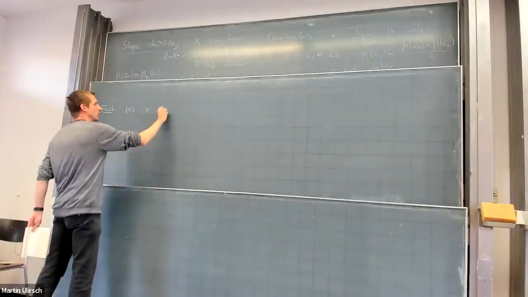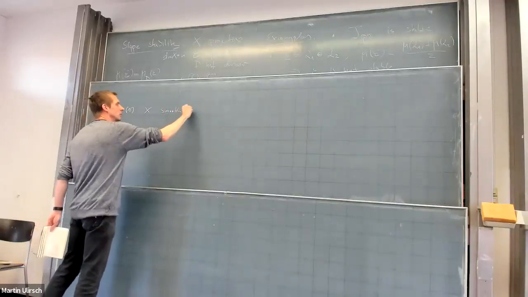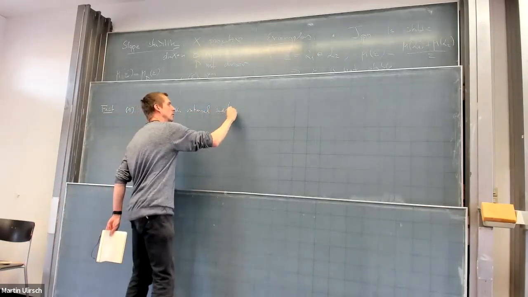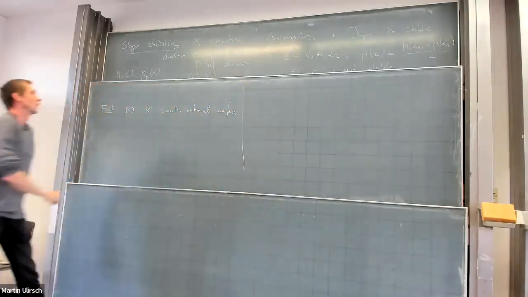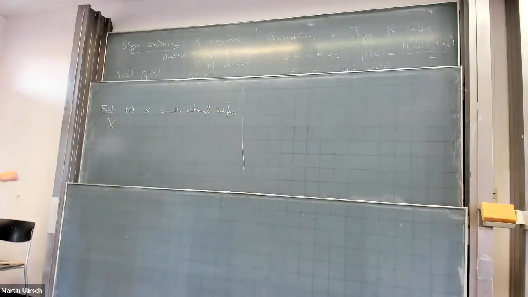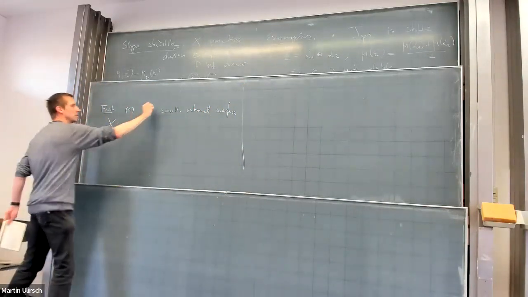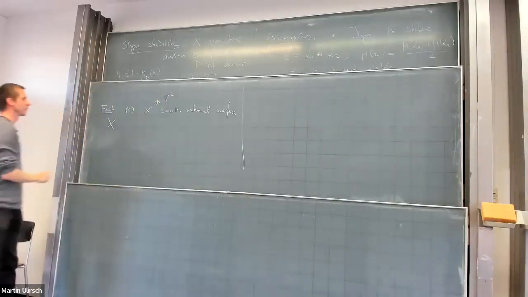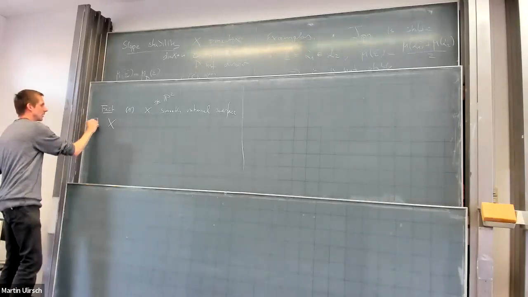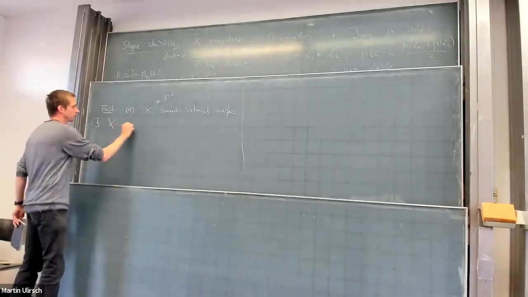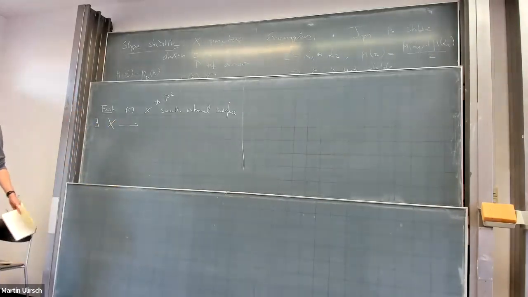If we start with a smooth rational surface X that is not itself the projective plane, then there always exists a proper birational morphism down to a Hirzebruch surface.